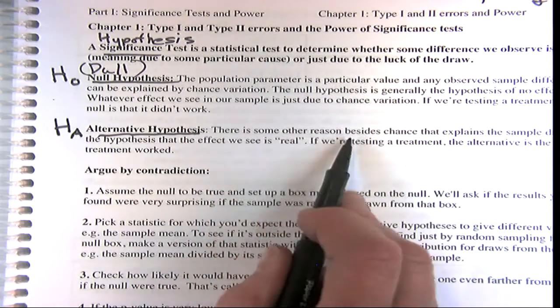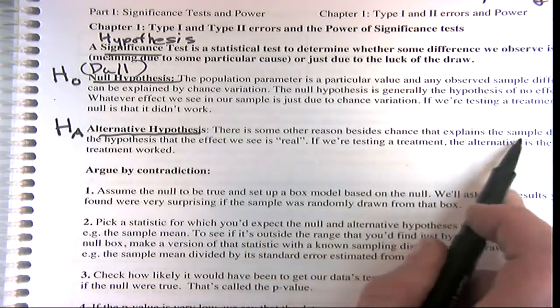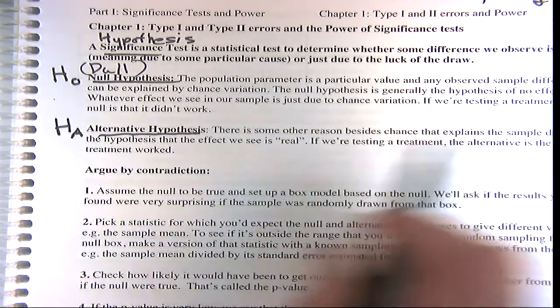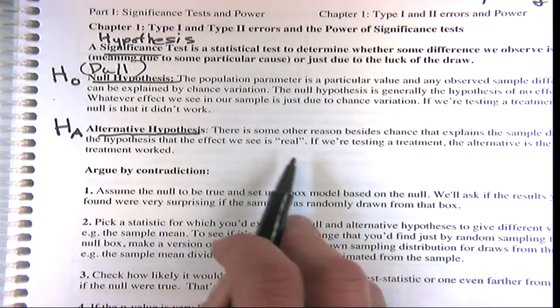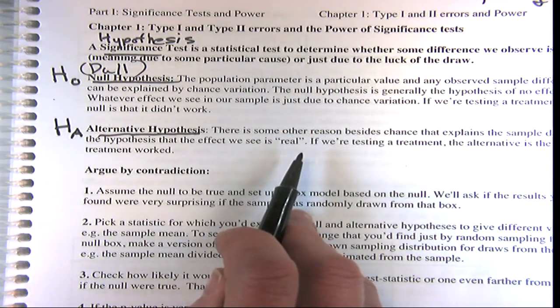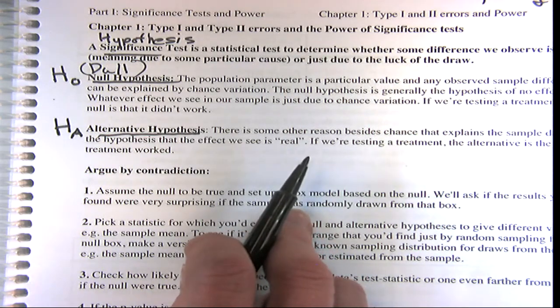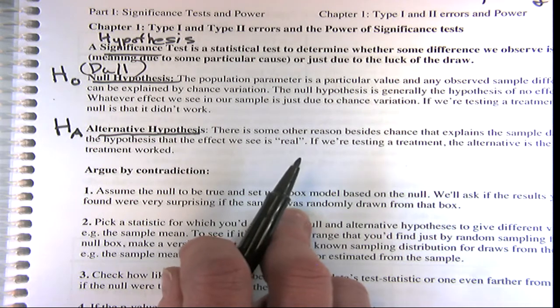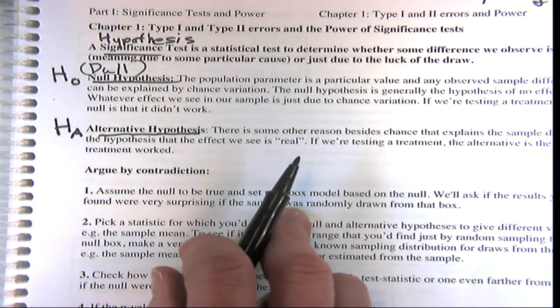That there's some other reason besides chance that explains the sample data. It's the hypothesis that the effect was real, meaning due to some systematic difference. Now, that difference doesn't necessarily have to be the online versus the in-person teaching, certainly in observational data, there could be plenty of differences between the people who choose one version or the other. But there is a systematic difference, okay?